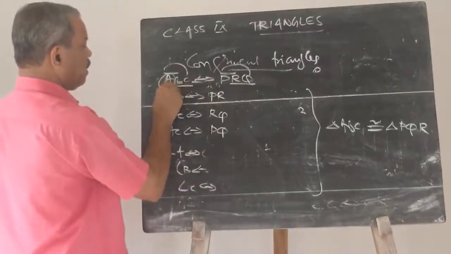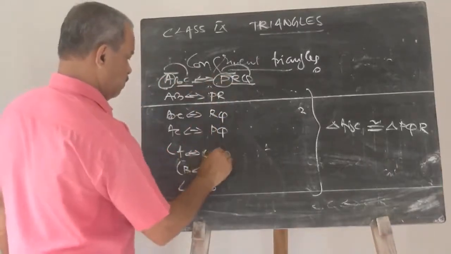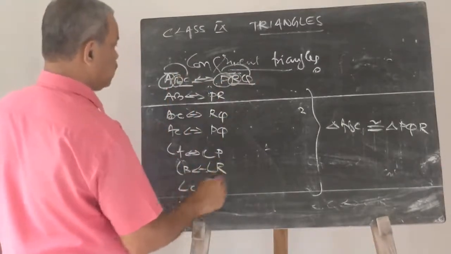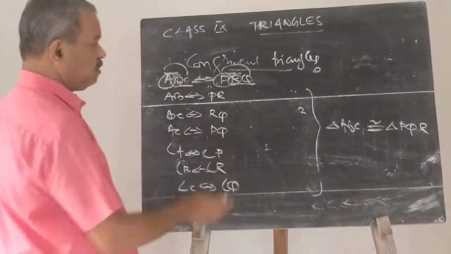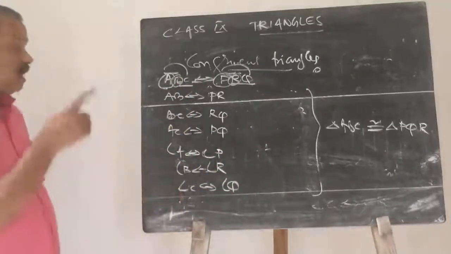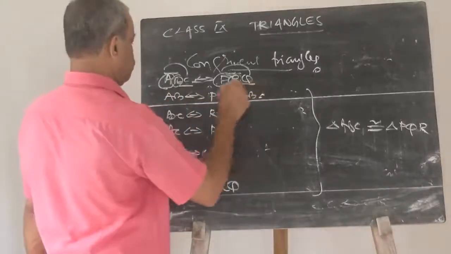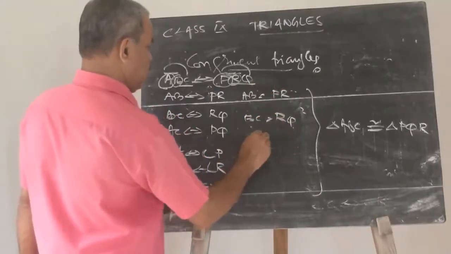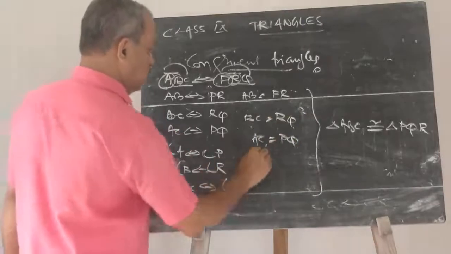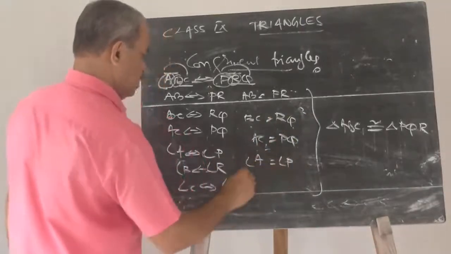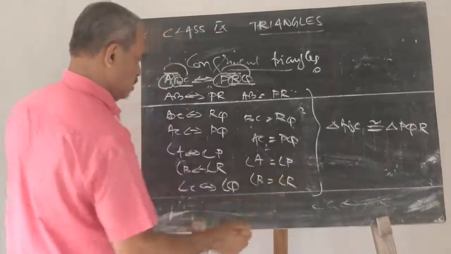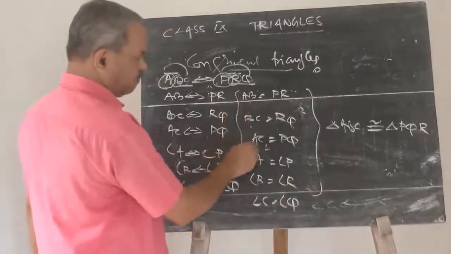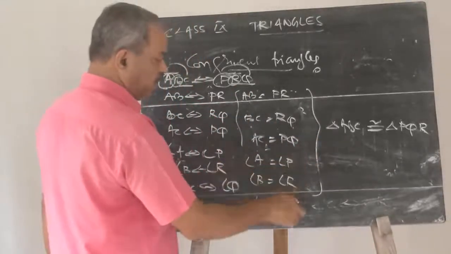Angle A corresponds to angle P. Angle B corresponds to angle R. Angle C corresponds to angle Q. Then if these correspondences are equal, that is AB equal to PR, BC equal to RQ, AC equal to PQ, angle A equal to angle P, angle B equal to angle R, angle C equal to angle Q, then triangle ABC is congruent to triangle PRQ.